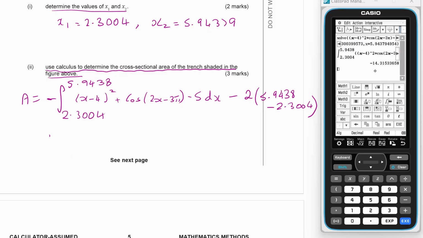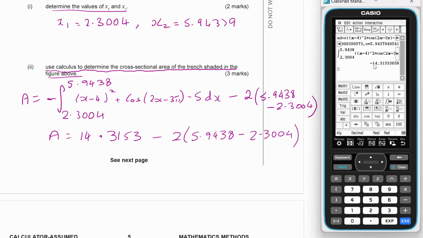So the area is going to be equal to 14.3153 take away twice 5.9438 take away 2.3004.